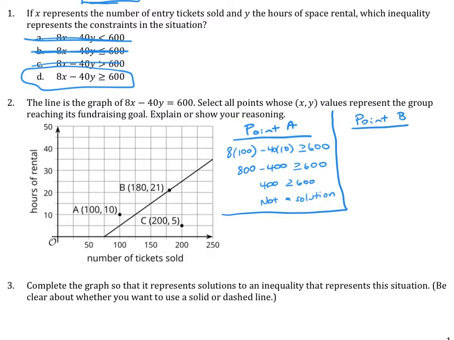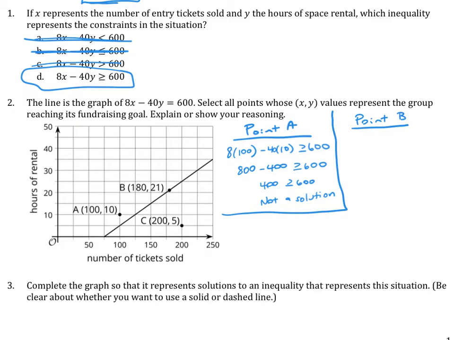Now, in our lesson previously, we talked about boundary lines and the importance of boundary lines. Now, it's kind of hard to tell right off the bat if this is going to be a solid or a dashed line because it's the line of the equation. So equation lines are always solid. So we can't really look at that. But we can look at the inequality that we decided was the correct one, and we saw that was greater than or equal to.